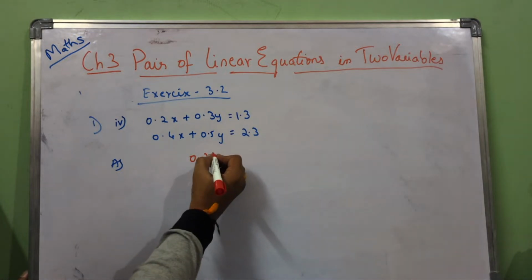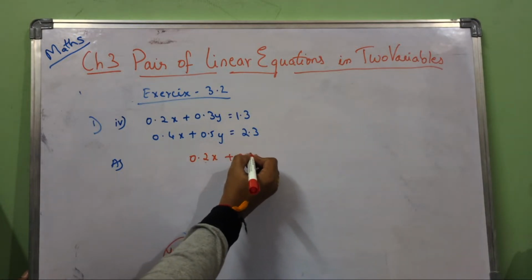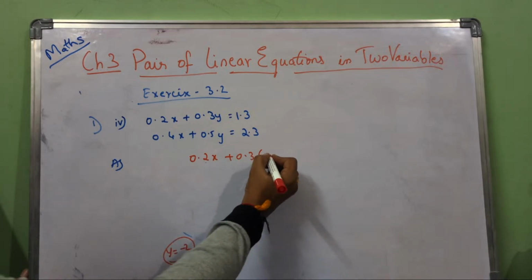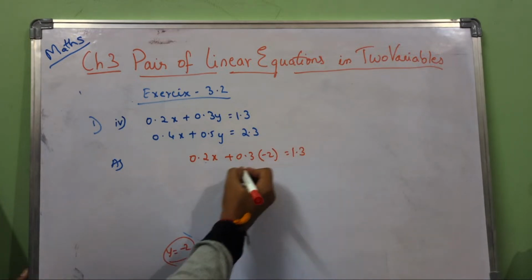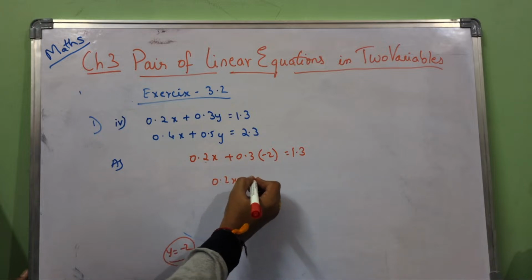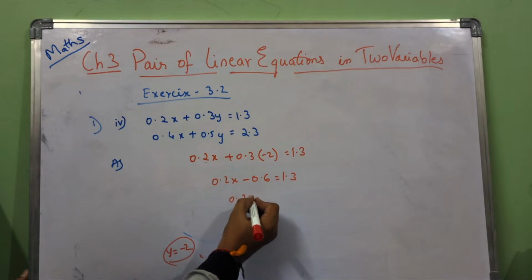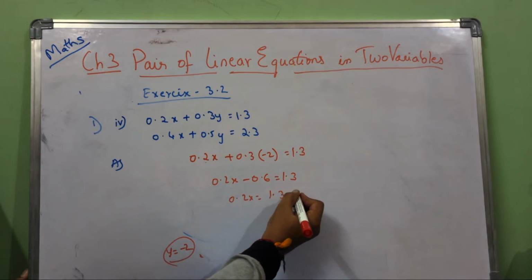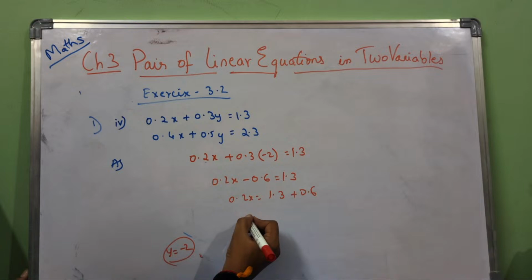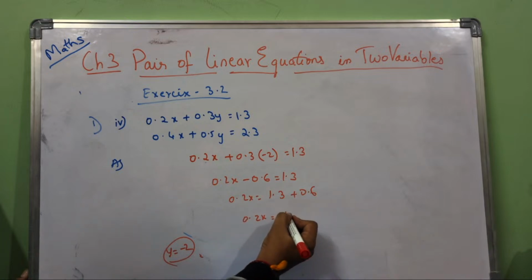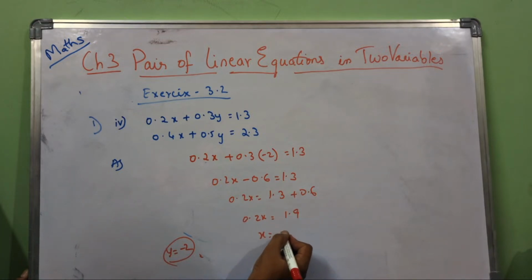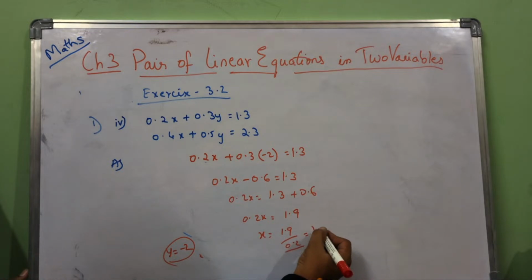We need to solve the x value. y is minus 2. 0.2x minus 0.6 equal to 1.3. So 0.2x equal to 1.3 plus 0.6, 0.2x equal to 1.9, x equal to 1.9 by 0.2. Simply you can also say x is equal to 19 by 2.